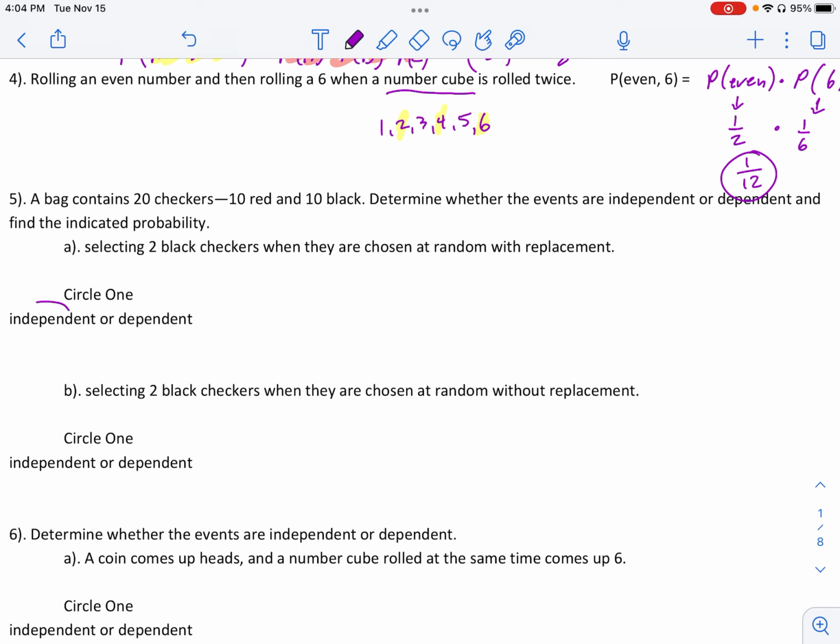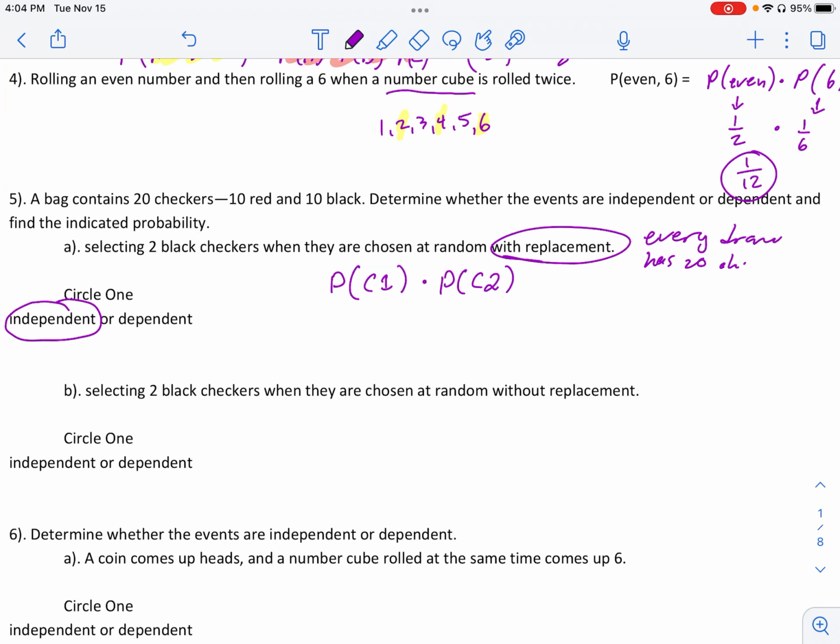Because it goes back, these are going to be independent events. My probability of checker number 1 and my probability of checker number 2, C1 and C2, are the same, because every draw has 20 checkers in the bag.